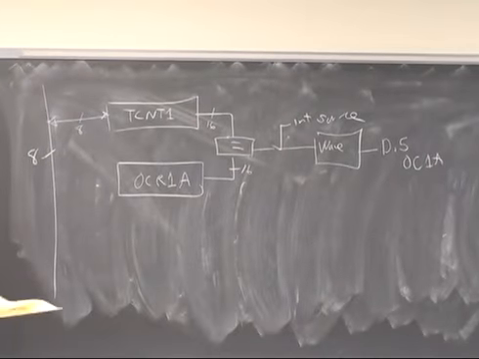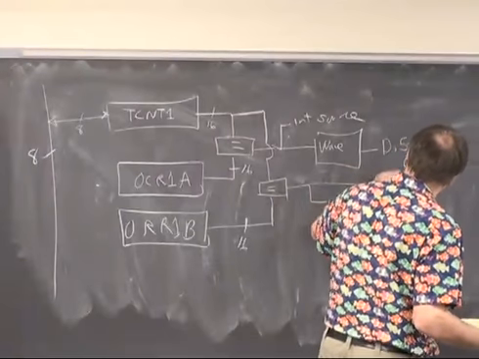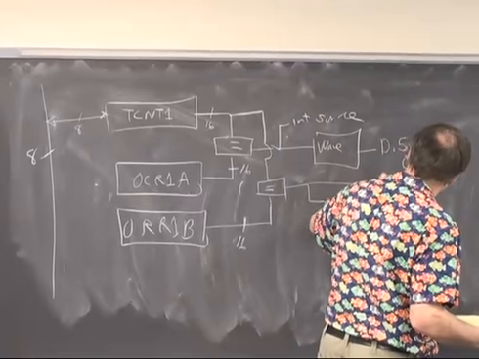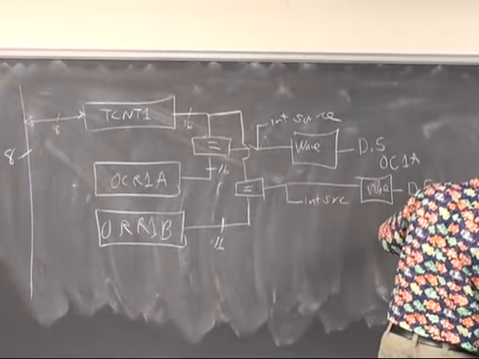There is an OCR1B, which also does an equality measurement with TCNT1. It is also an interrupt source. It can also generate a waveform off of D.4, which is OC1B.